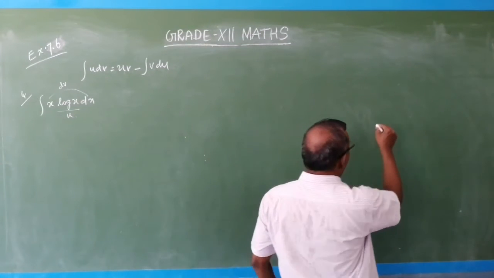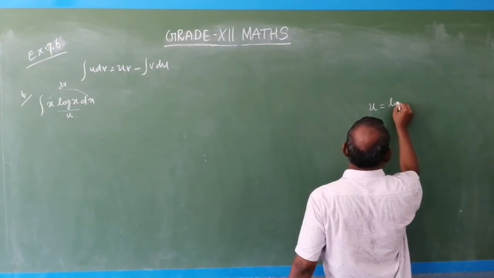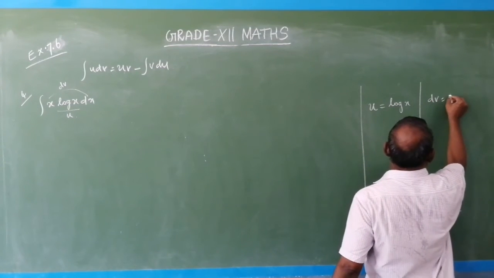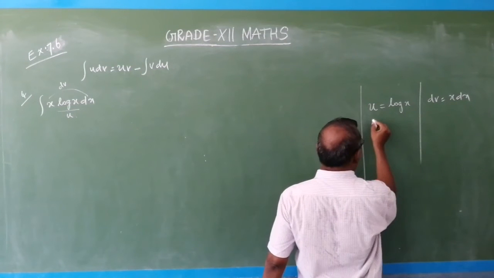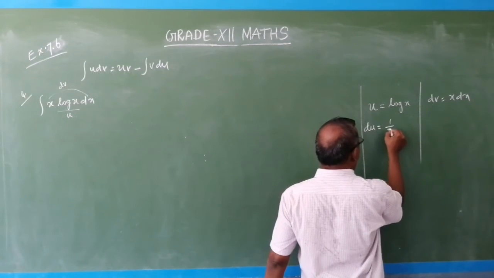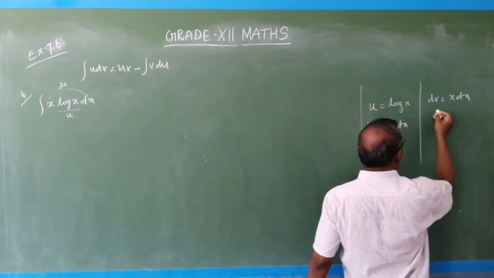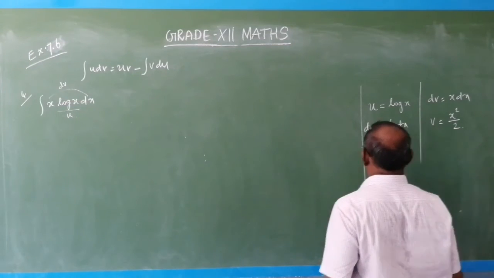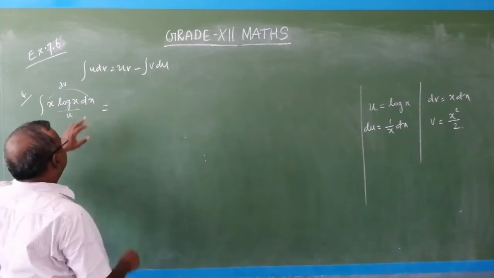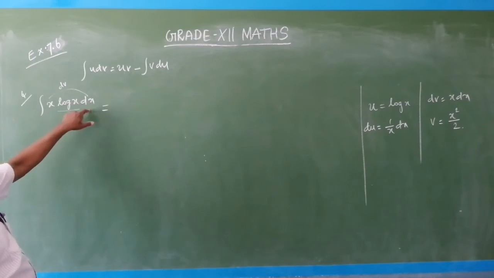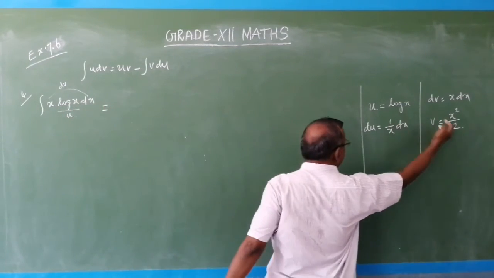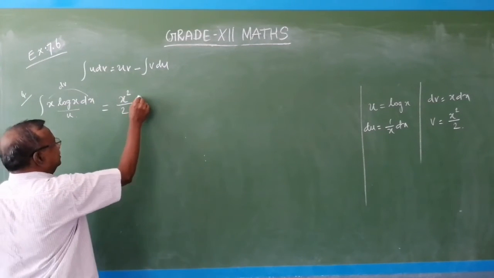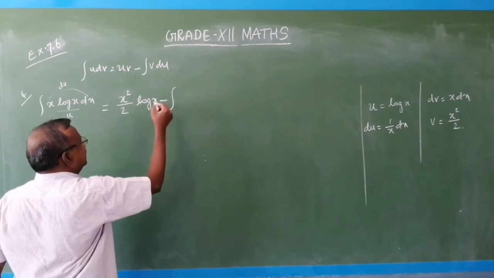Now, u equal to log x, dv equal to x dx. Differentiating u, we have du equal to 1 by x into dx. Integrating dv, we have v equal to x square by 2. Now, we know that integral u dv equals uv, that is x square by 2 into log x, minus integral v du.